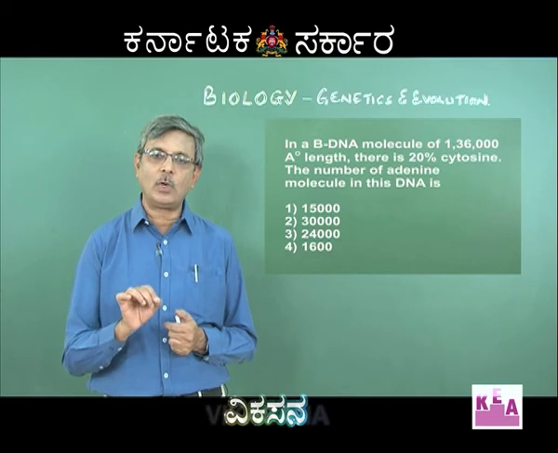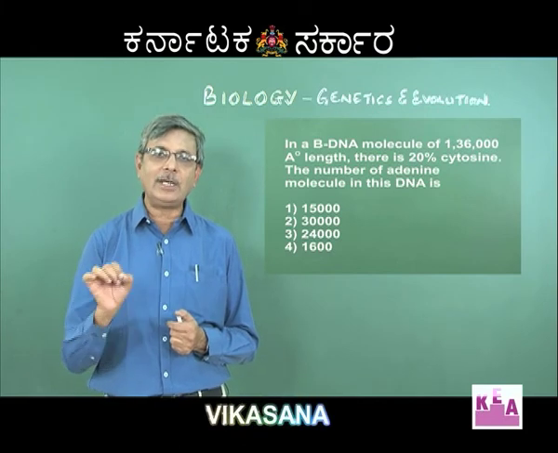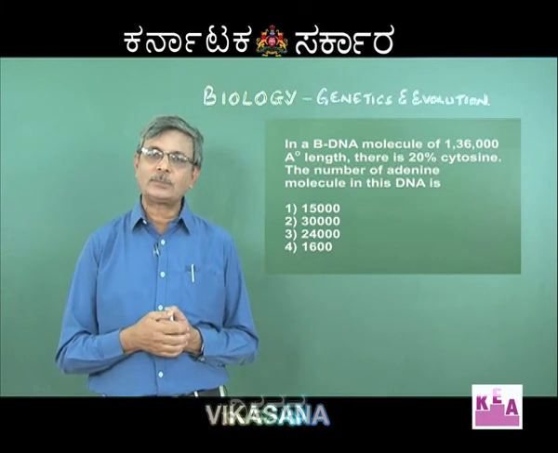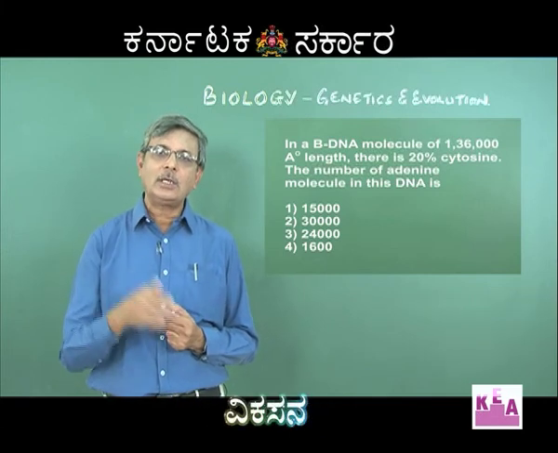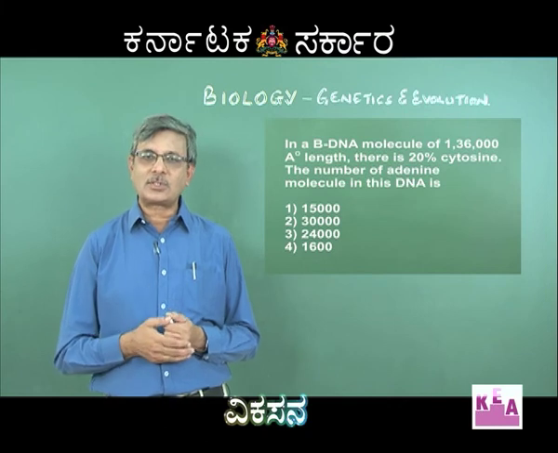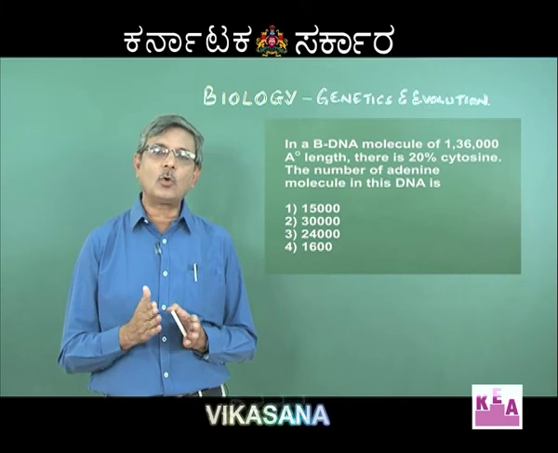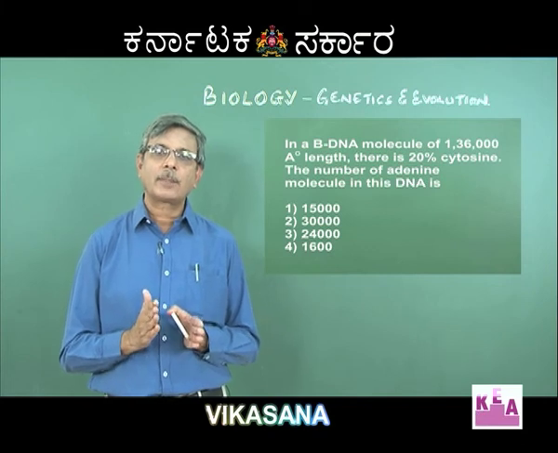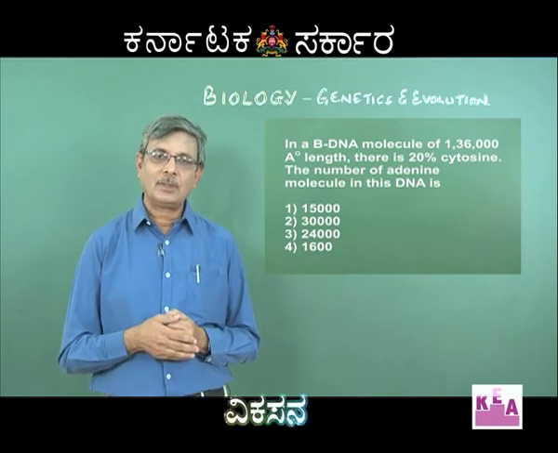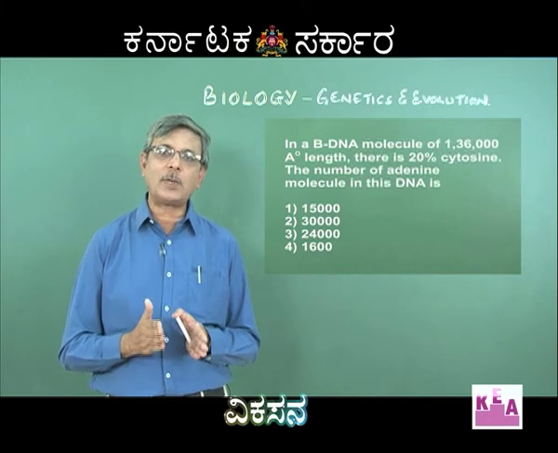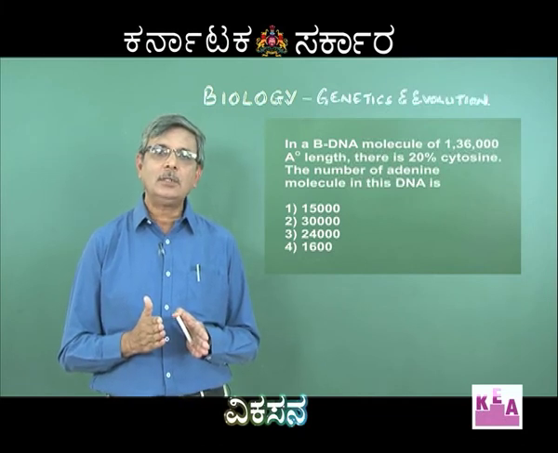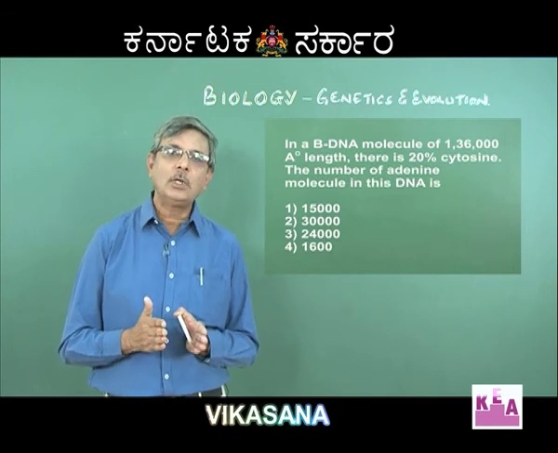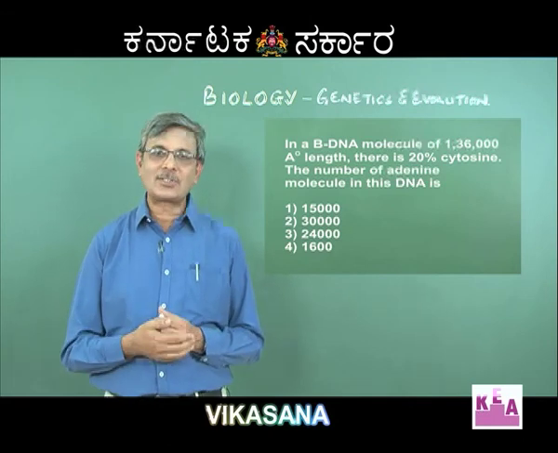Simply you take 1,36,000 and divide it by 3.4 Angstrom units, and you get the number of base pairs, which is 40,000 base pairs. 40,000 base pairs means each pair has 2 nucleotides, so totally it comes to 80,000 nucleotides.